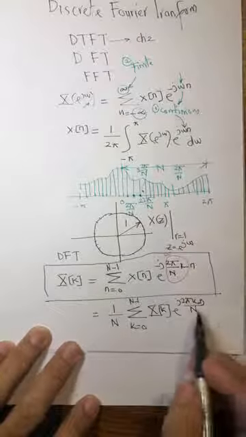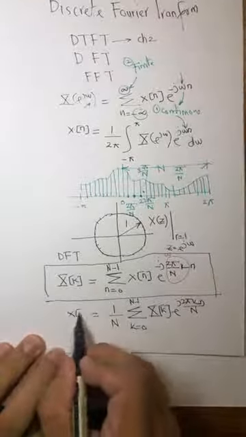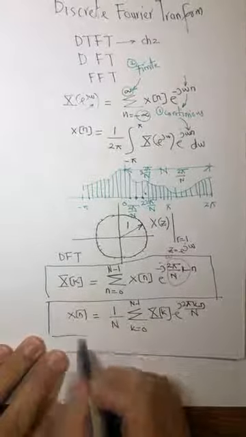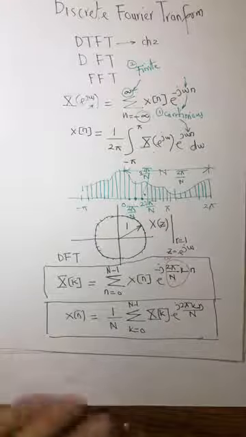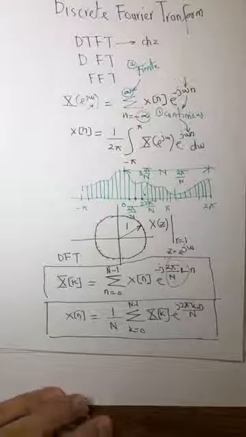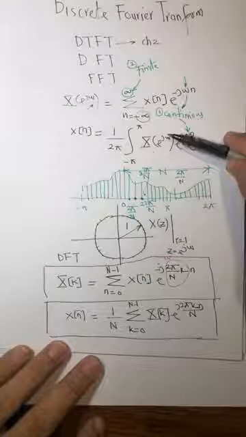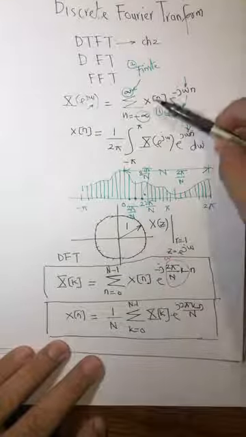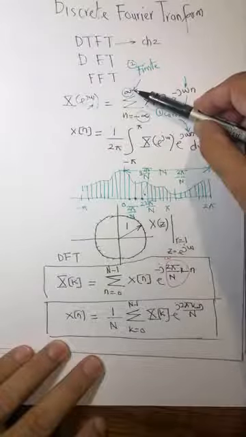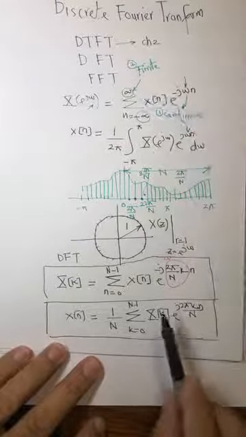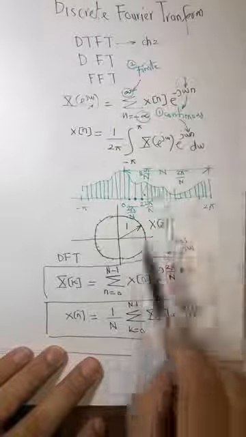Similarly, omega is changed into discrete, and this will give you x of n. So these are the two formulas now. Because omega is discrete and you are only considering a finite amount of data, it makes sense.